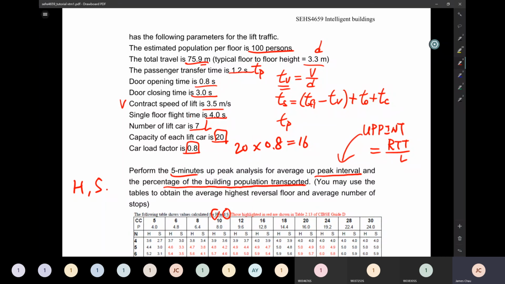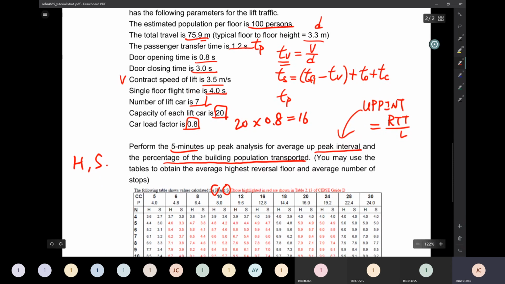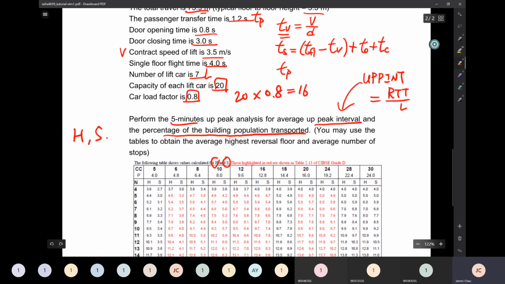Okay. Now, after you do that, you are going to calculate the percent of building population. So you first calculate the up peak capacity, UPPHC. We have the formula that it equals 300 times CC, where CC is 16, times the number of lift cars, over RTT.